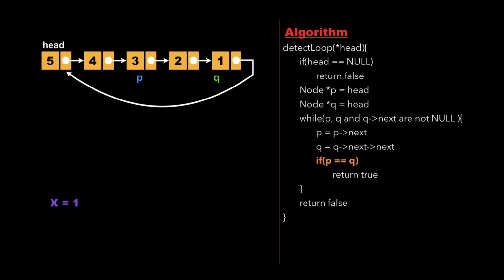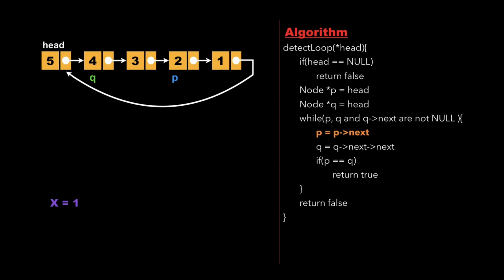Again we check whether p is equal to q. Till now they are not equal, so again we check the condition in the while loop, that is p, q and q of next are not null. Since this condition is true, again we update the value of p as p of next, q as q of next, so q points to 4, and again we check whether p is equal to q. They are not. So again we check whether p, q and q of next are not null.